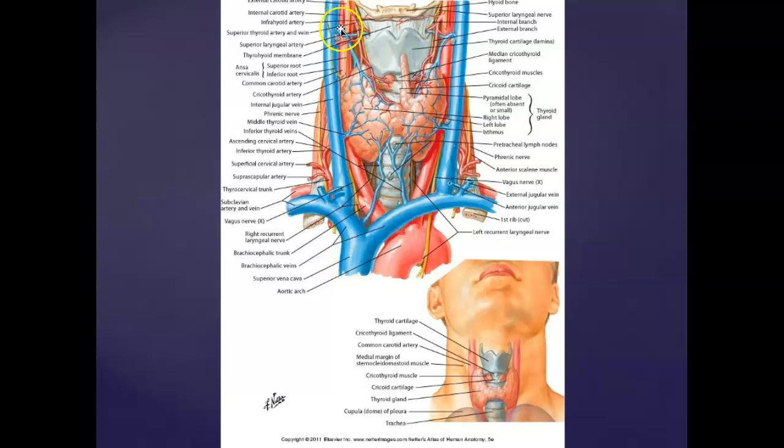So superior and middle come into the internal jugular, where the inferior thyroid veins drain into the brachiocephalic veins, which is just proximal to where the internal jugulars enter the subclavian vein, right here.